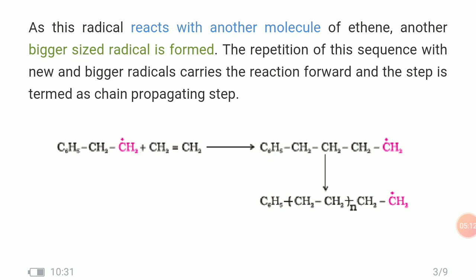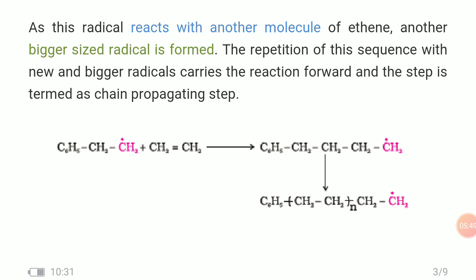This ethene contains a pi bond, and this pi bond is very weak. That is why it is broken, and the two carbons each get one electron by homolytic fission. One carbon of ethene and one carbon of this radical share one electron and form a bond, and a new radical is formed.